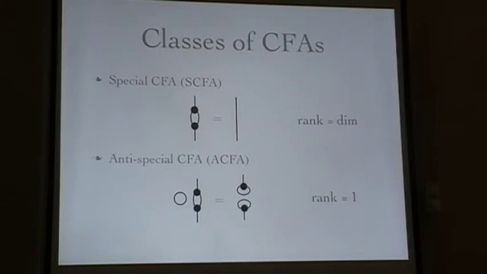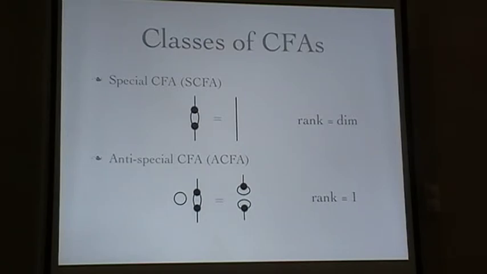Actually, this classification used the rank of this loop. Remember, this line means the identity arrow of the symmetric monoid object. So, in SCFA, the rank of this equation is equal to the dimension of this quantum system.